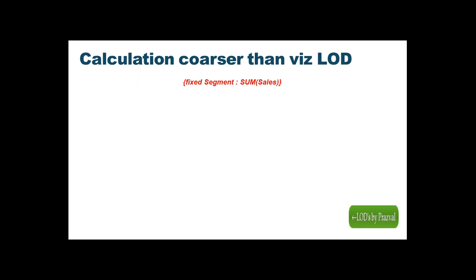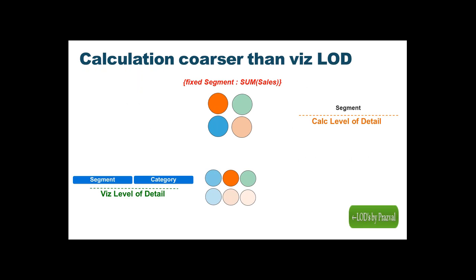Next, what about cursor? So what is cursor? If the visualization has more dimensions, so my viz LOD contains two dimensions, category and segment, whereas my calculation LOD expression contains only one dimension, that is segment. If we take fixed, fixed will take the expression only at the segment level.